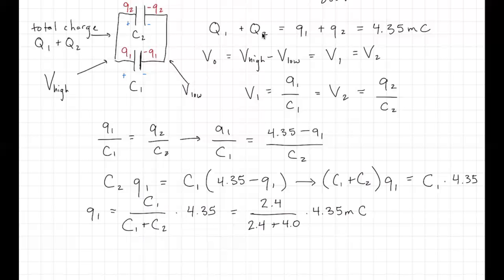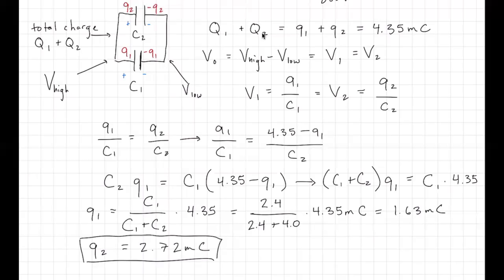But millicoulombs for the charge. And if I do that, I get 1.63 millicoulombs. And then Q2 should just be 4.35 minus Q1. If I do that, I get 2.72 millicoulombs.